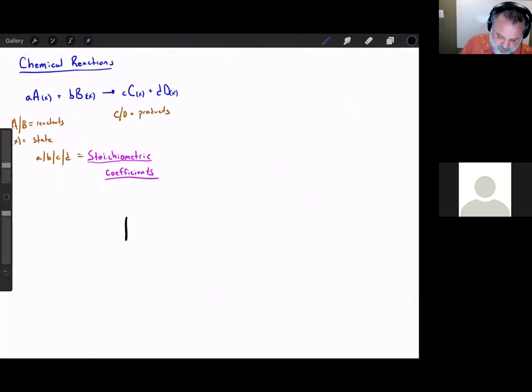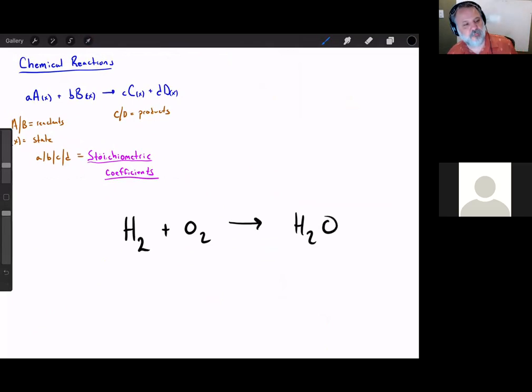Can I say H2 plus O2 produces water? Is that okay to talk about this in conversation? Absolutely, right? I can say water is formed by hydrogen and oxygen combining. However, I can't use this to do any calculations because the reaction is not yet based in physical reality.